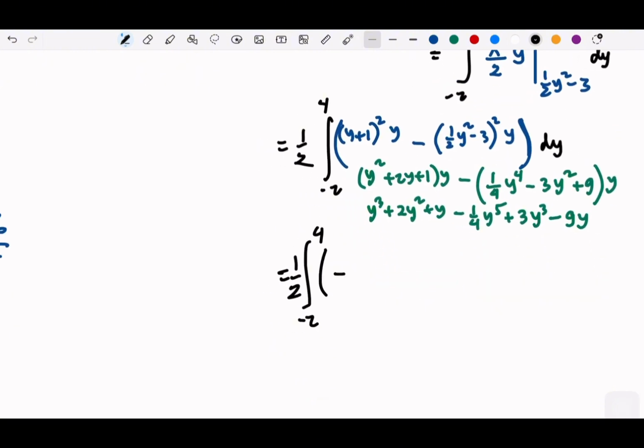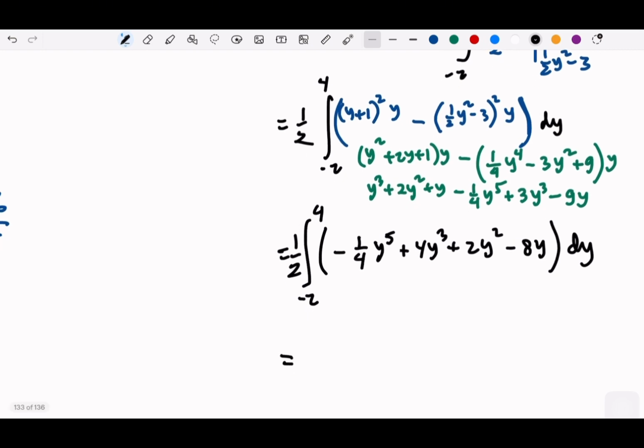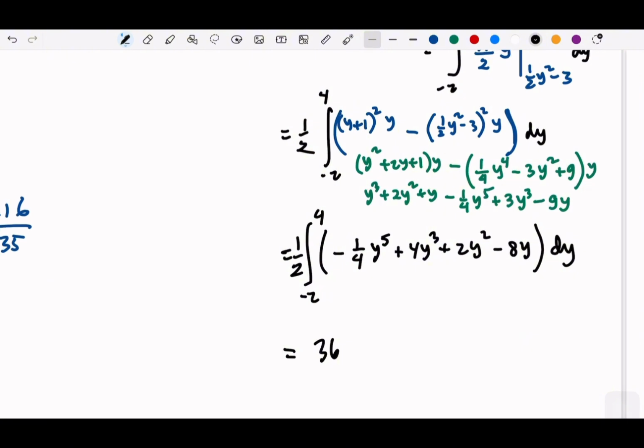Okay, this will be 1 over 4 y to the power of 4, 3 plus 1, 4, right? Plus 2y squared minus 8y dy. I think this is pretty much it; we can check through calculators, I think that will be better. This should be equal to 36, if we don't have any mistake.